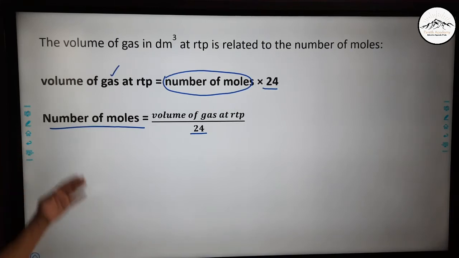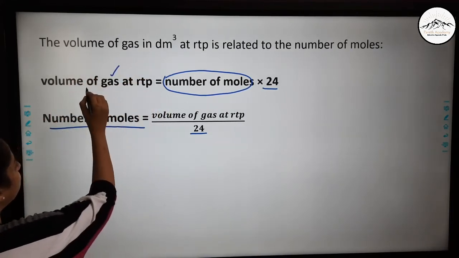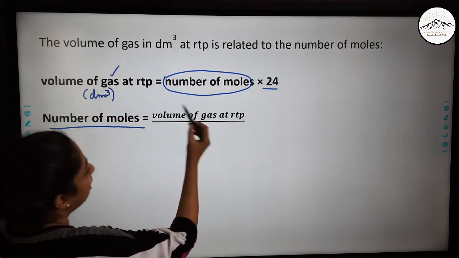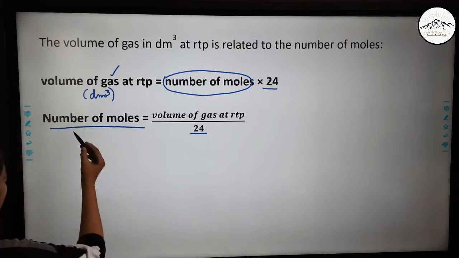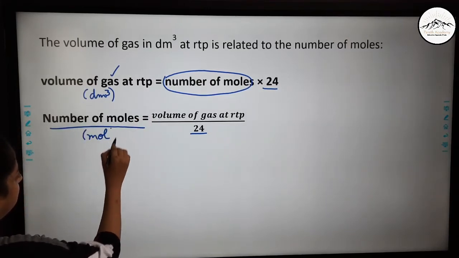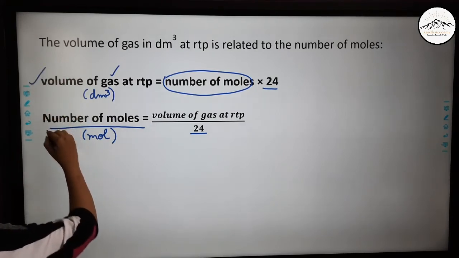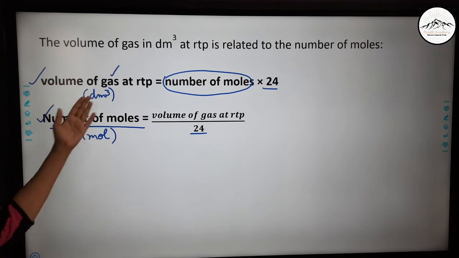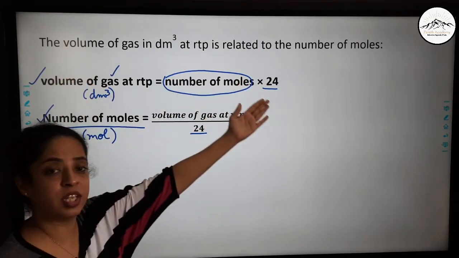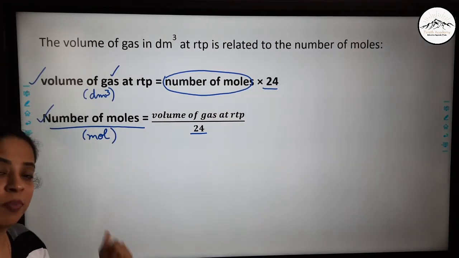This volume will be in decimeter cube, okay. So these are the two formulas that we will require. Please learn them: volume of gas at STP or RTP is number of moles into 24, and number of moles is volume divided by 24.